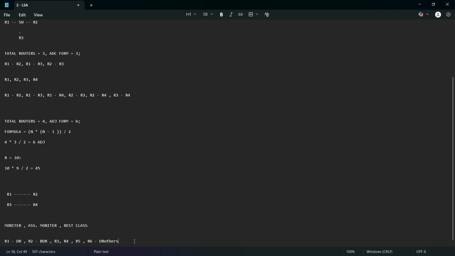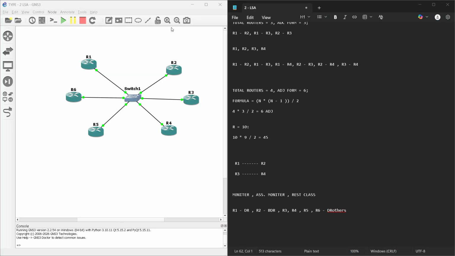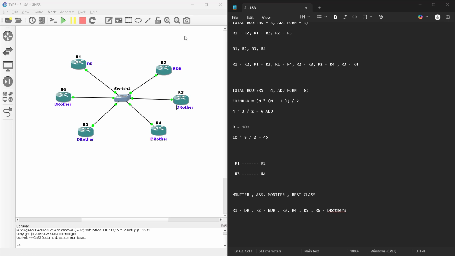So now let's suppose there is a topology. Let me pull out a topology for you. In this example, this is our DR and we are making R2 the BDR, backup designated router, and all the rest, R3, R4, R5 and R6, we are making DR others. Here the rule says DR and BDR will make adjacency with each other.